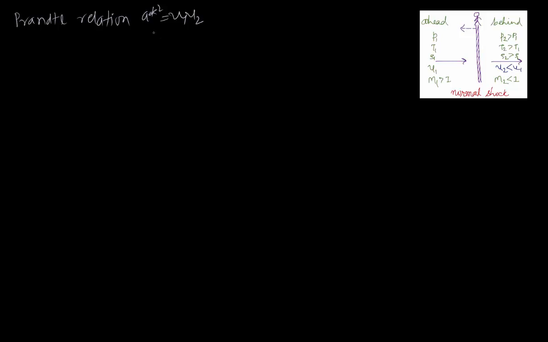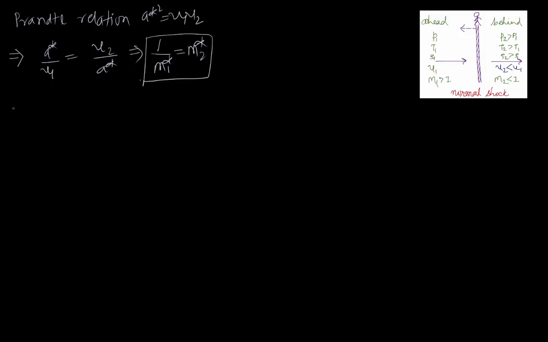We will now derive relation between M1 and M2. We can write Prandtl relation as A star by U1 equals U2 by A star. We know that U1 by A star is M1 star, U2 by A star is M2 star.